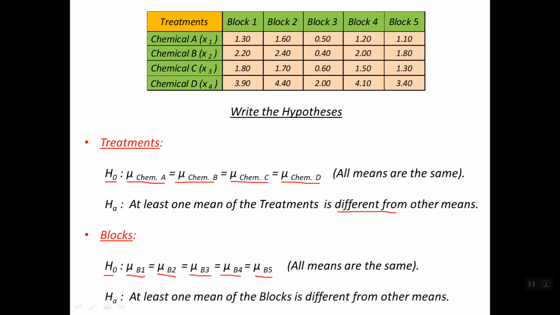And regarding the alternative hypothesis, it states that at least one mean of the blocks is different from other means. So we need to test all of these hypotheses.